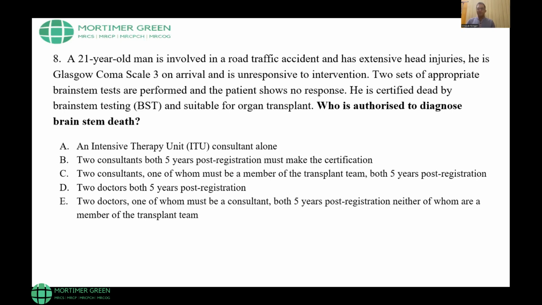So in a lot of places, people are surgical hungry. Surgeons, members of the transplant team, they either see surgical benefit or monetary benefit in a transplant occurring. So it is understood that both the doctors, one of whom must be a consultant, should be 5 years post GMC registration, but none of them should be part of the transplant team, because there is direct conflict of interest.